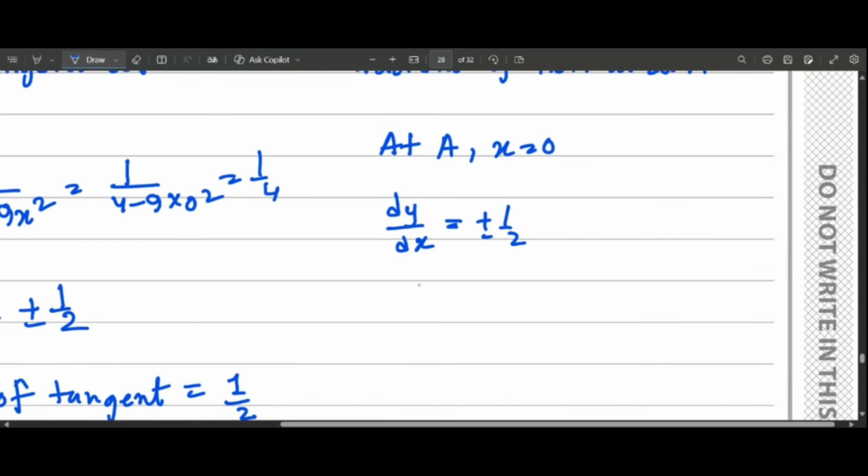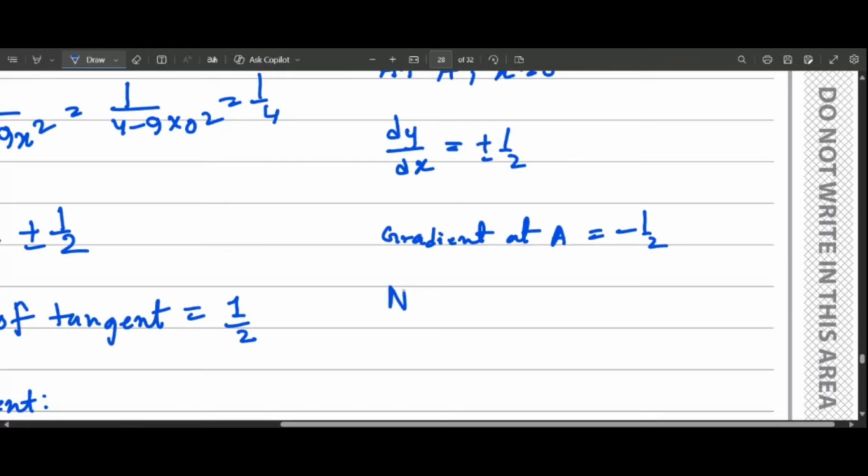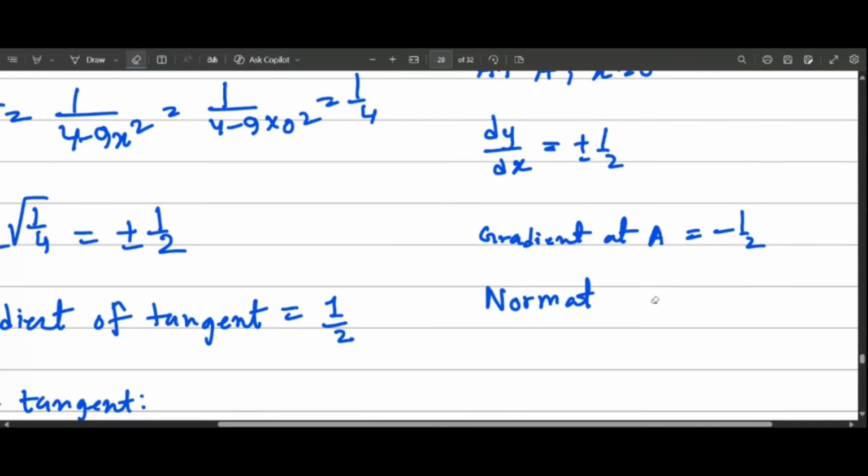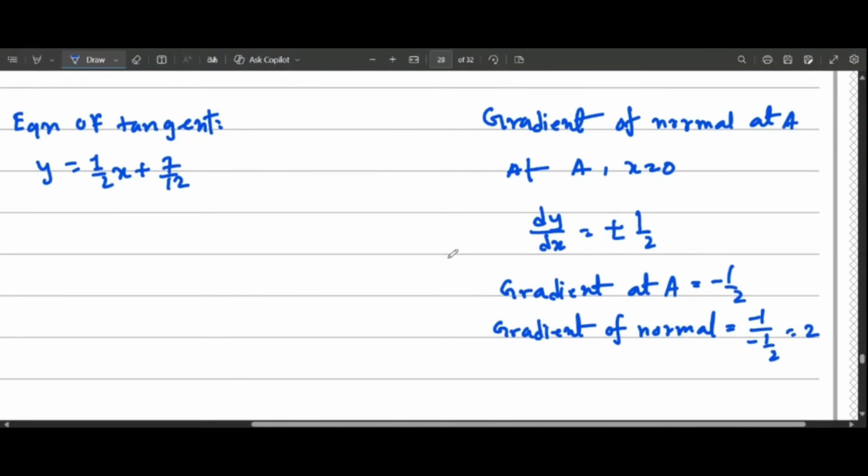So we can say that the gradient at A equals minus half. So for the normal at A, the gradient of the normal will be equal to minus 1 divided by minus half, which equals 2.